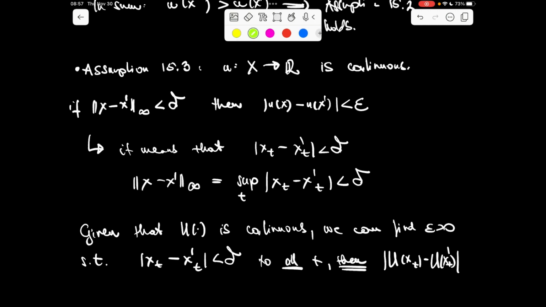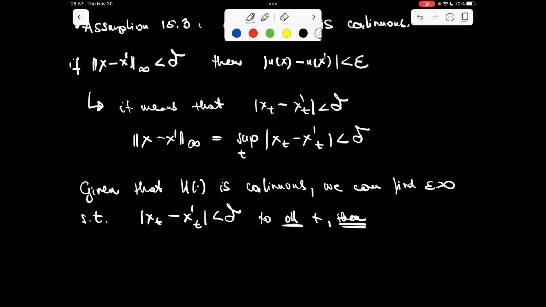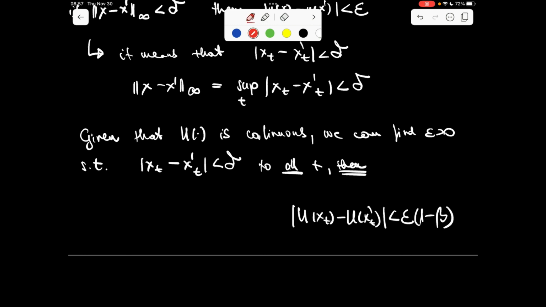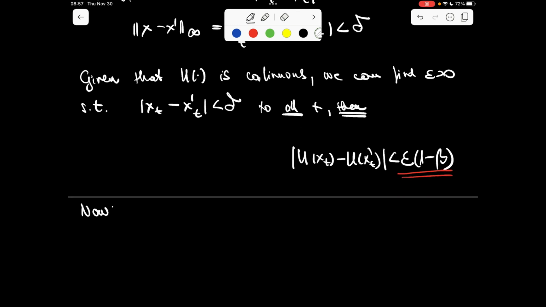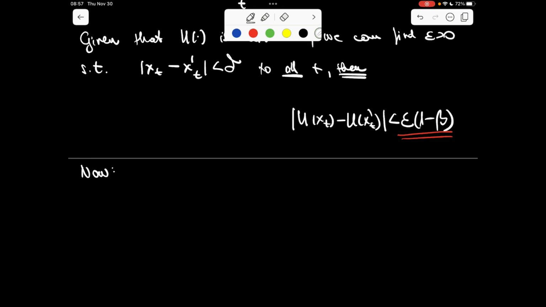I don't have enough space, but it's just a minor setback. Then it may seem odd, but we need this formulation of the distance because of the discounted sum. You will see the point in a split second. And now we can say the following.